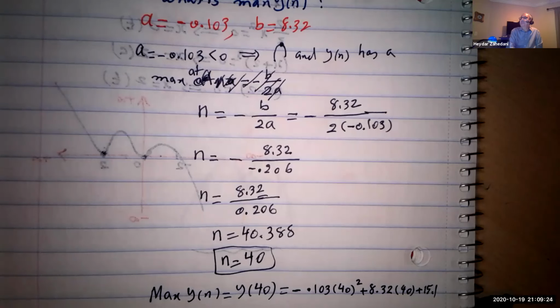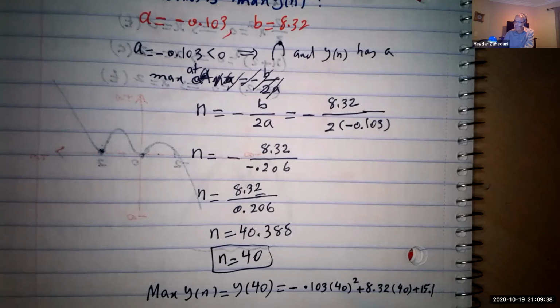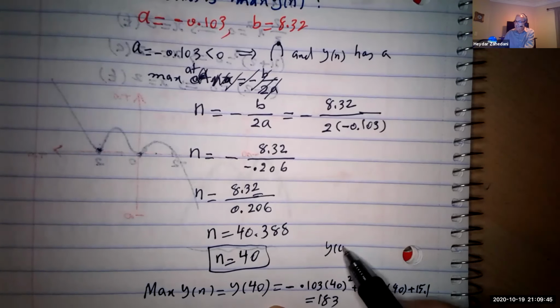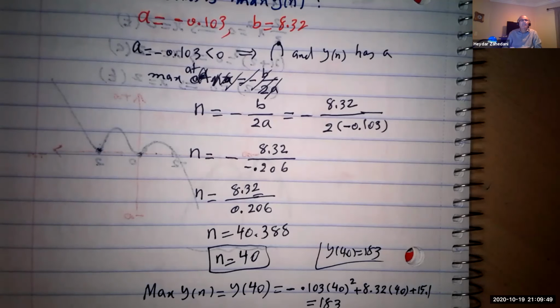Yes, if you simplify it, the result would be 183. Okay, so the result is going to be 183. So y of 40 is going to be equal to 183 eventually.